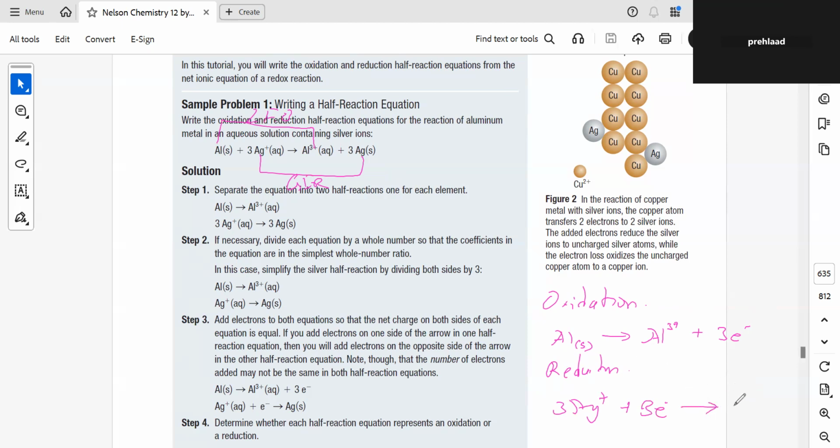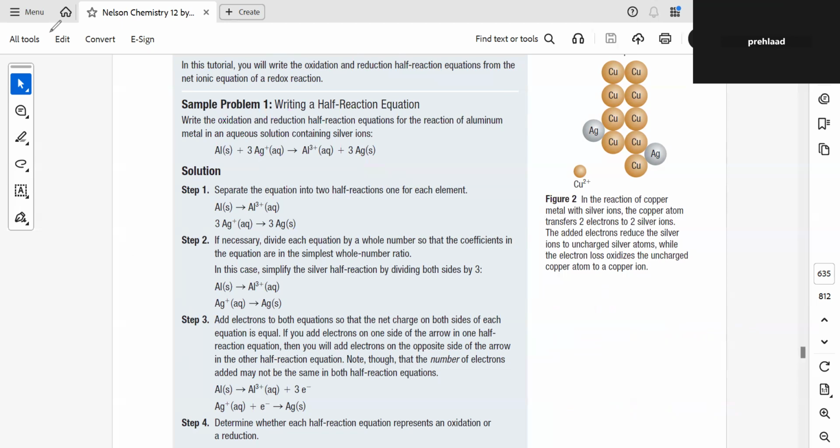So aluminum went through oxidation and silver went through reduction. That's right. So that's one part.